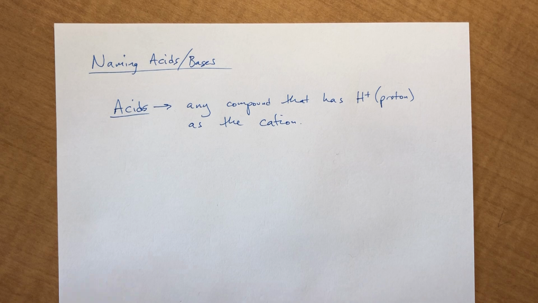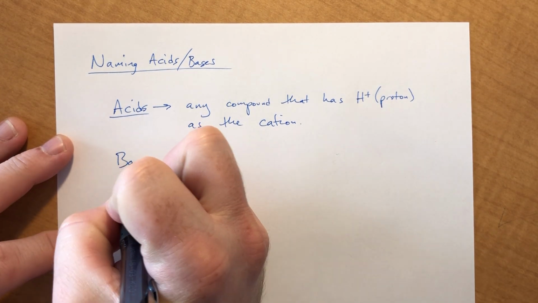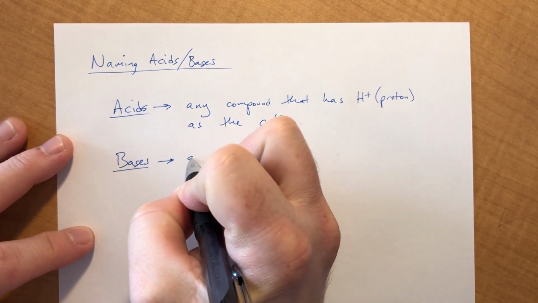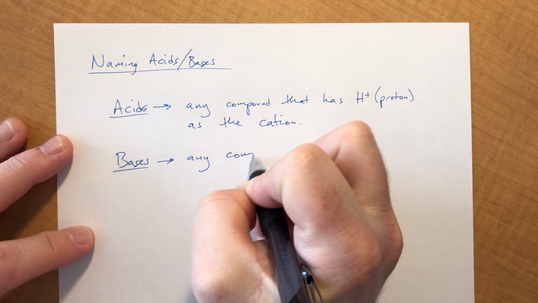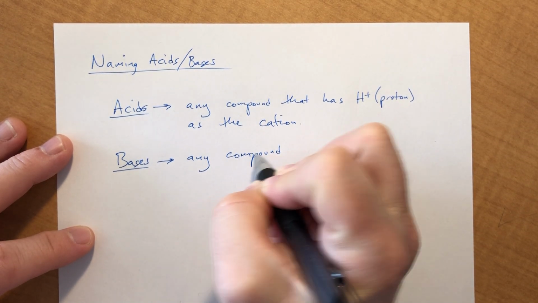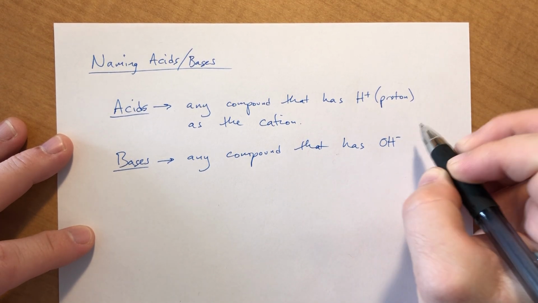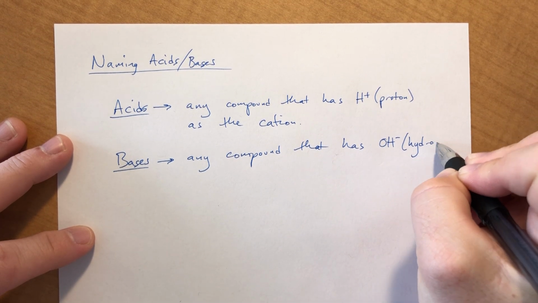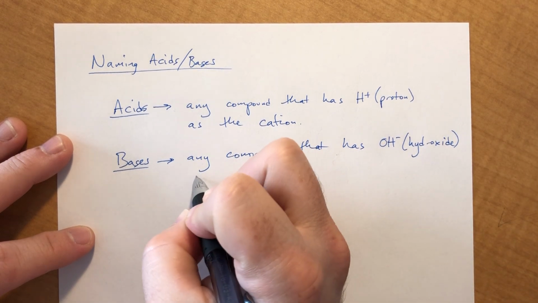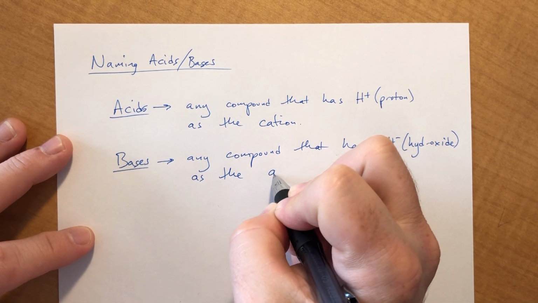There will be charges involved. Okay, bases are any compound that has hydroxide, which is one of the polyatomic ions, as the anion.